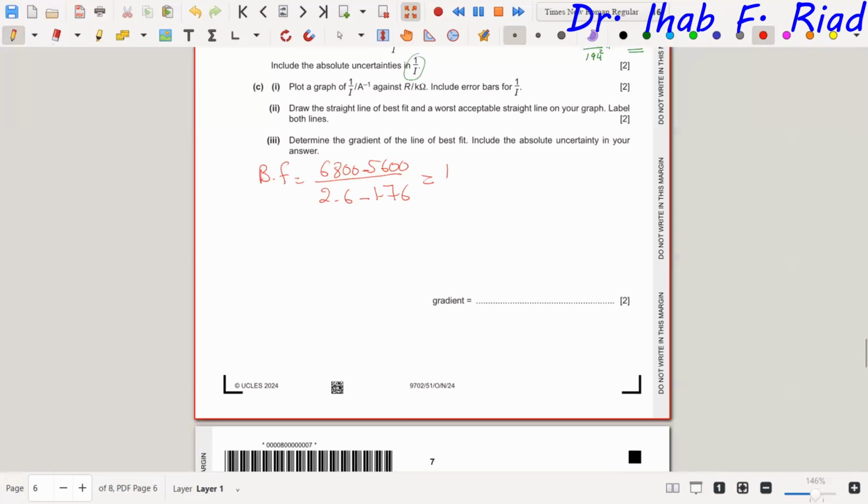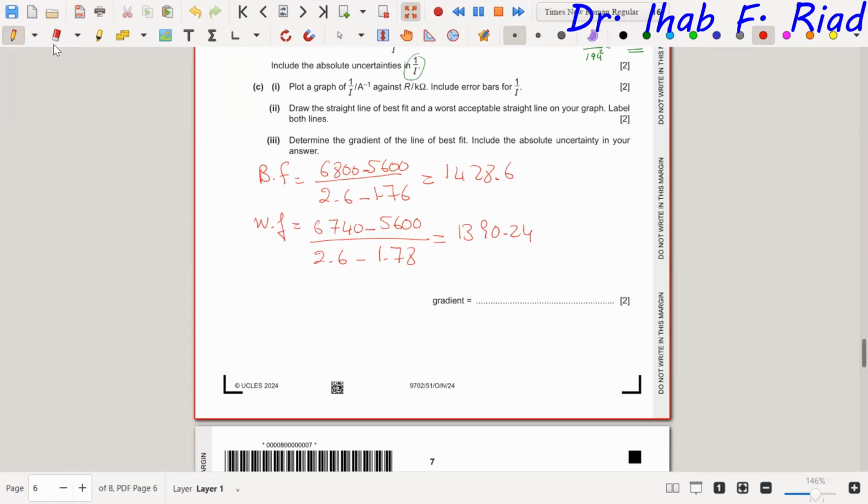And I got 1428.6. The worst fit line, I got 6740 minus 5600 divided by 2.6 minus 1.78. I got 1390.24.